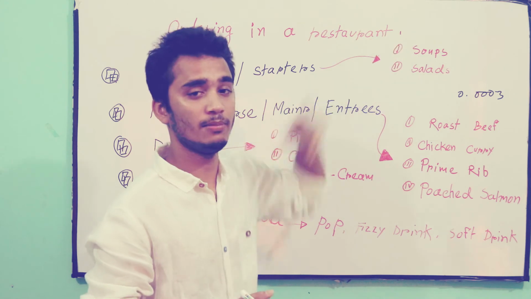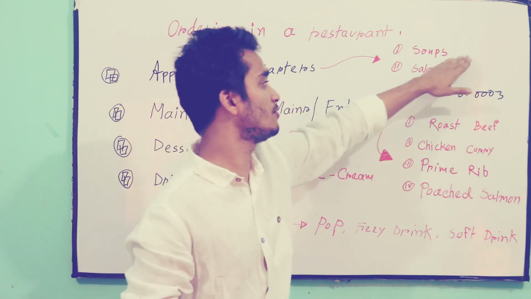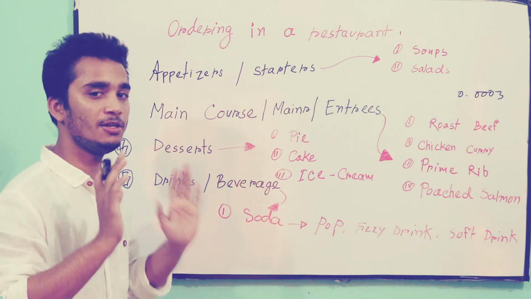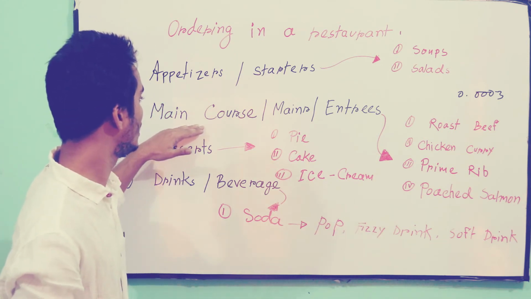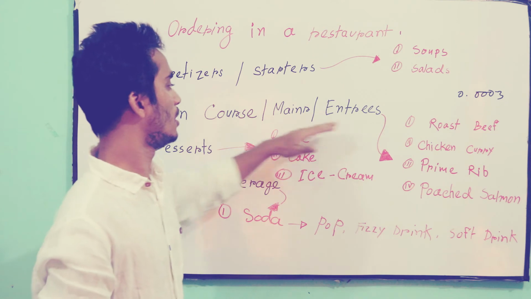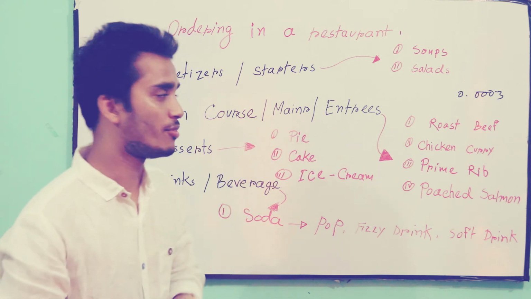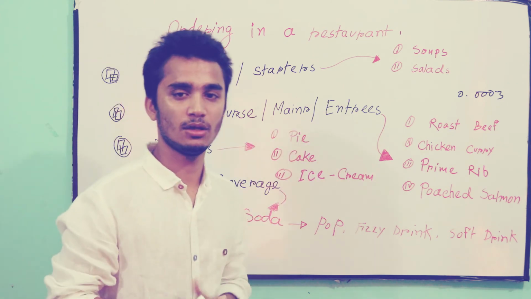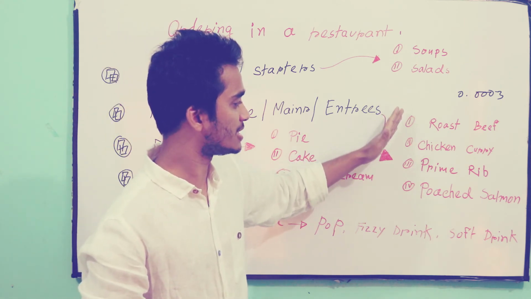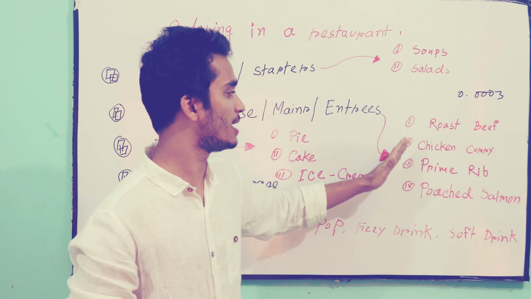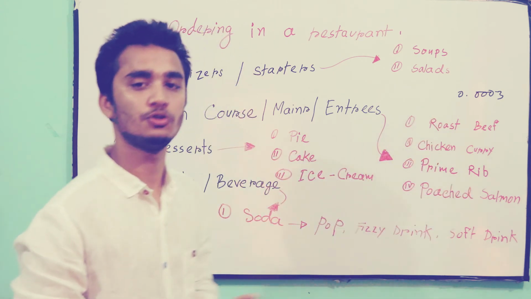The person will explain all kinds of soups and all kinds of salads. If you want to take a meal there, you can ask, I want to know the entrees of the meal, and the staff or waiters will explain those things and which one you choose.